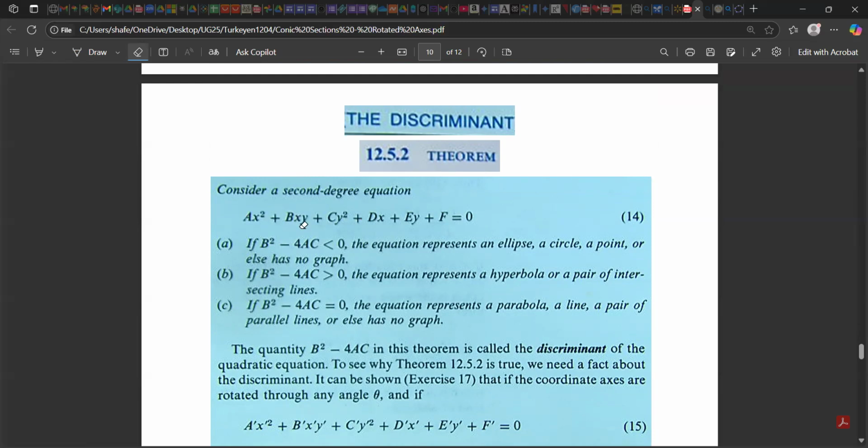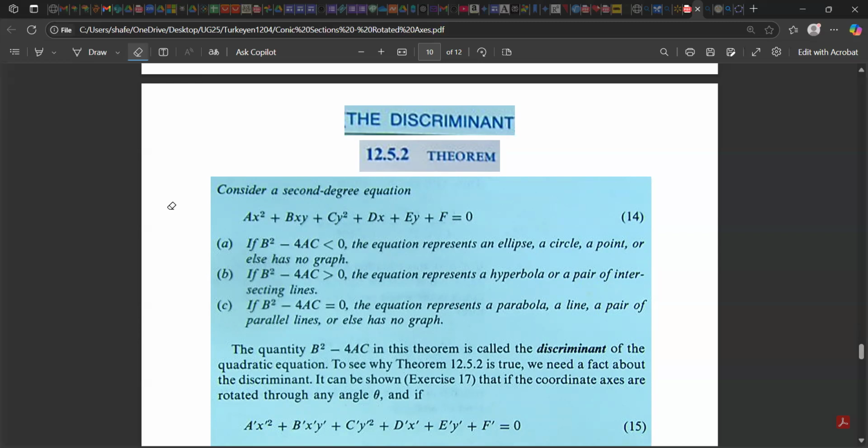If B, we said it, there's no B term, there's no XY term, B is 0, you have a conic section that is oriented parallel to one of the axes. Once you get an XY term in there, there is some kind of rotation.